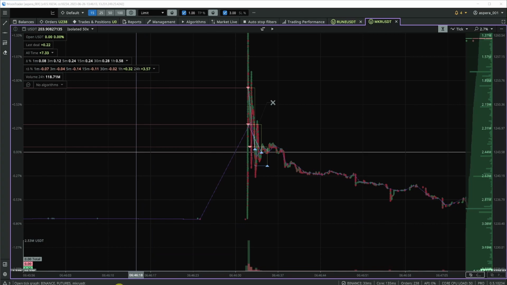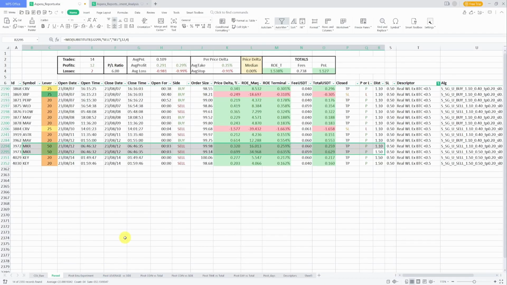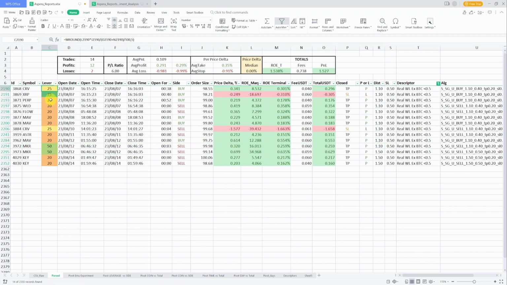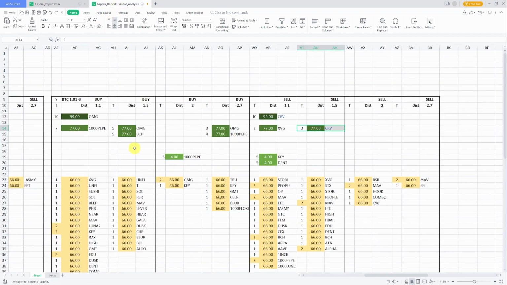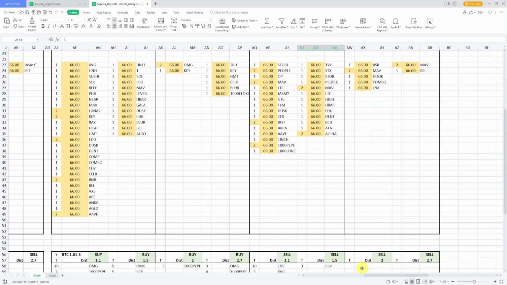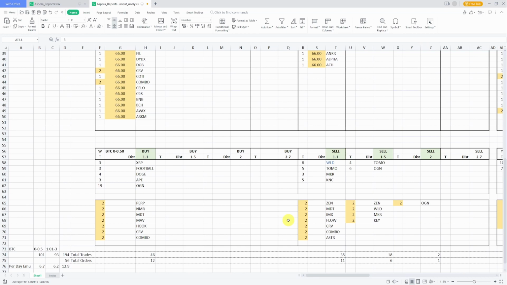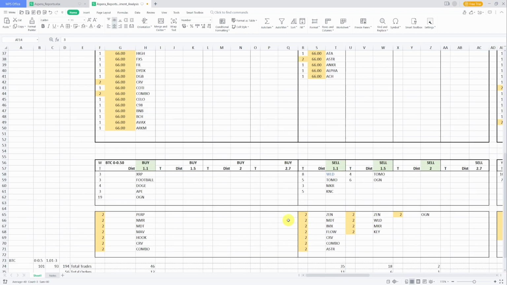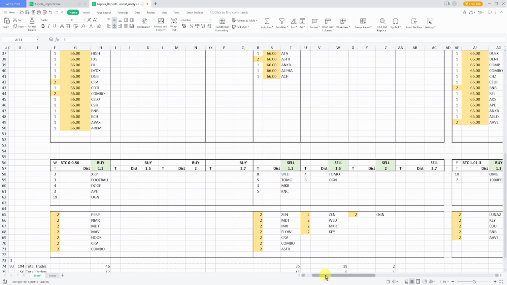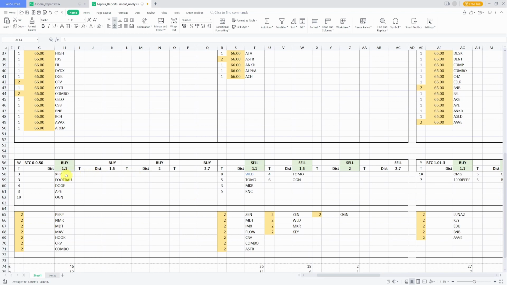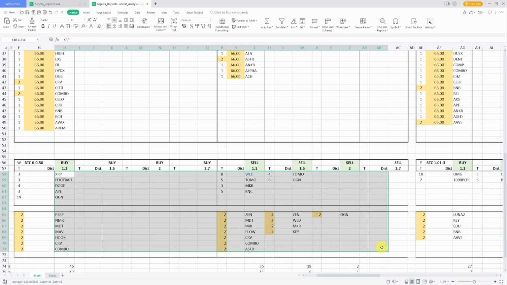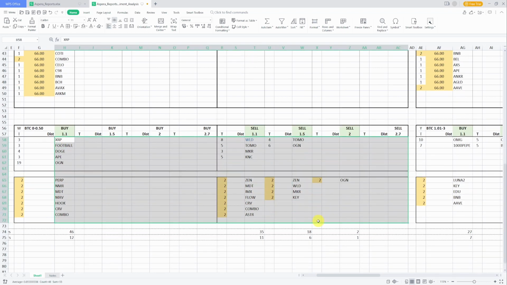Now, back to the reports. To me, one of the surprising things was that there are so few trades. If we were to go back to here, I did some calculations specifically to show you. So remember, altogether I've had like 700 trades, but then I separated out only the trades that happened on these coins that I have selected for my real algorithms.